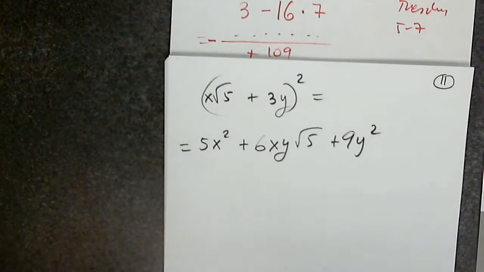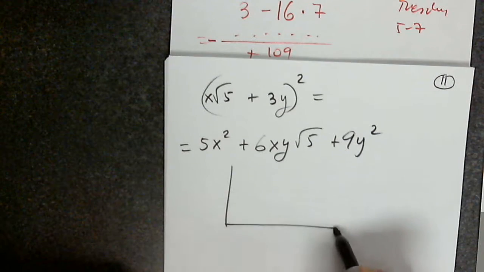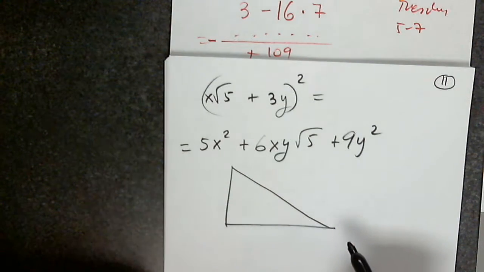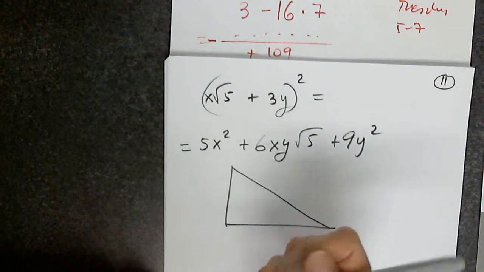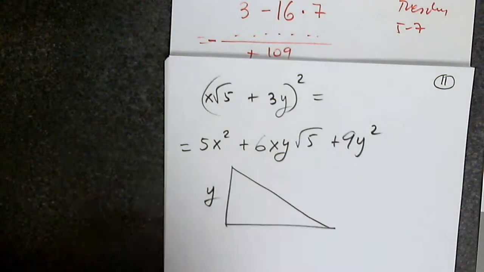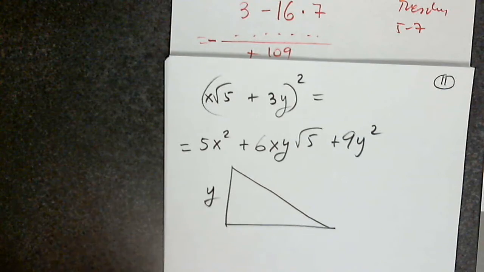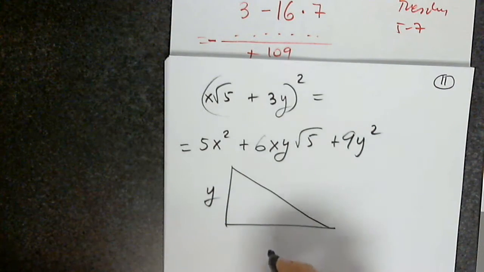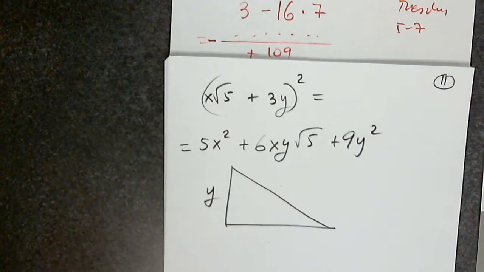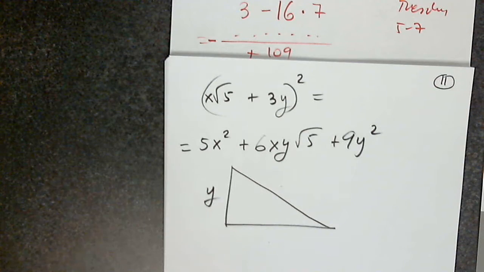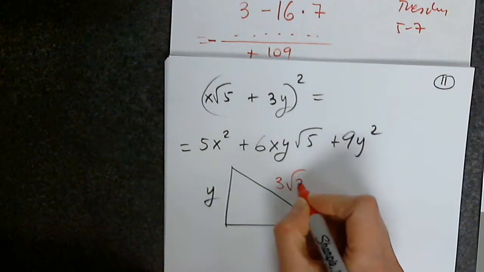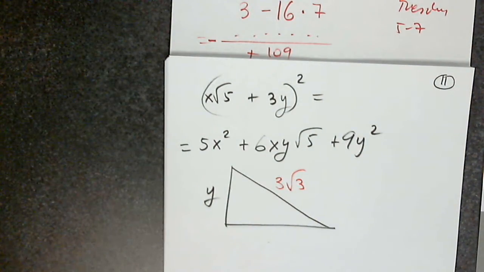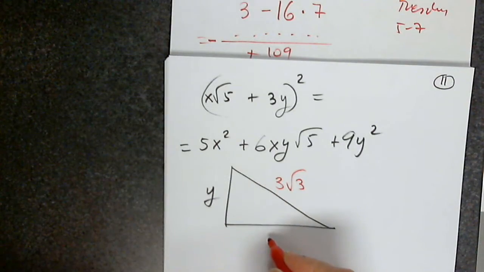Good. Give me a right triangle with, let's say, this being y, and give me something here and something here. Let's say 3 the square root of 3, and make one up.